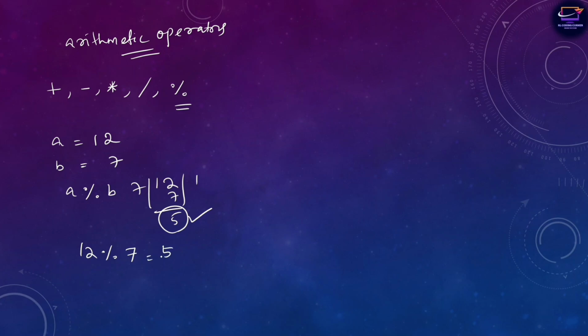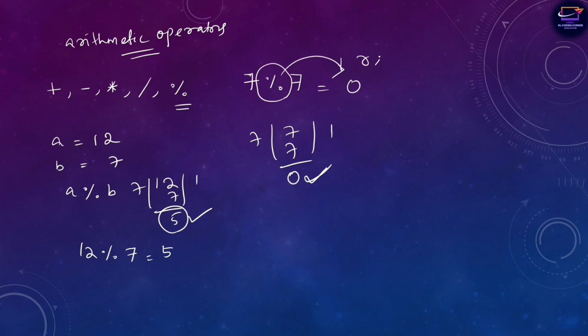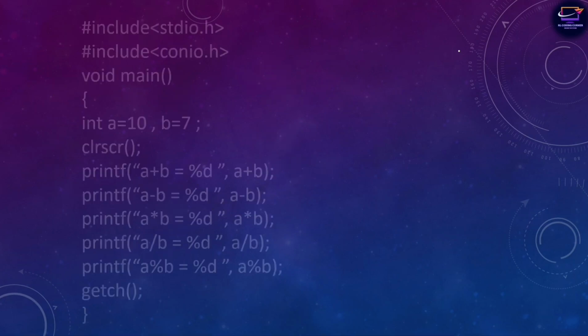If we write 7 modulo 7, then it will give you 0 as output, because 7 divided by 7, 7 ones are 7, and the remainder is 0. I am writing a program here just to give you a better understanding of these operators. Always, the modulo operator is giving the remainder. Take care of this. Let's see a program.